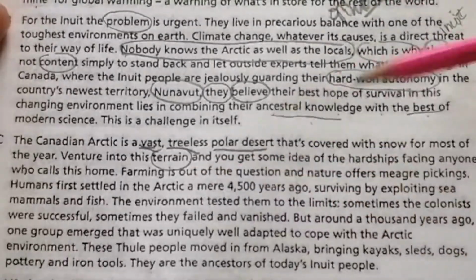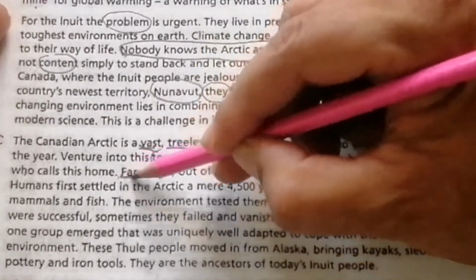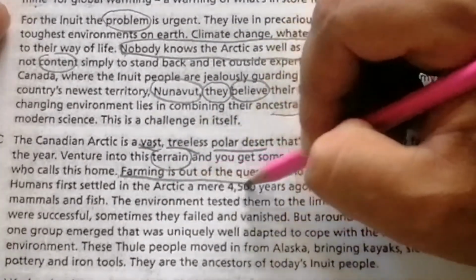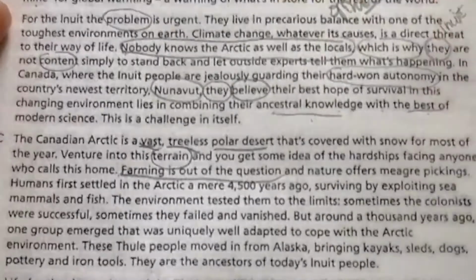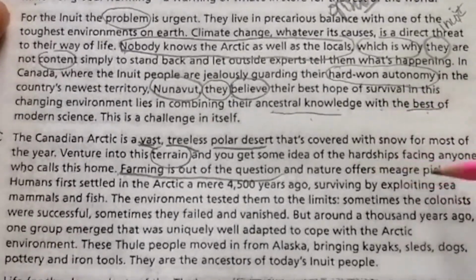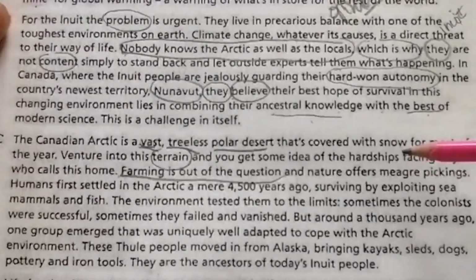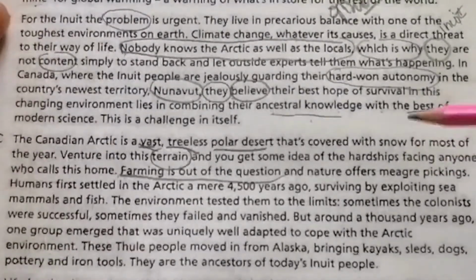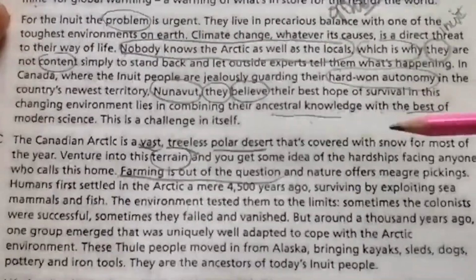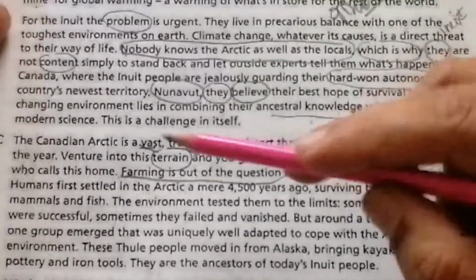Farming is out of question. It means that nobody can do any kind of farming, and nature offers meager pickings, and the people of that area can get some eatables which are offered by nature.